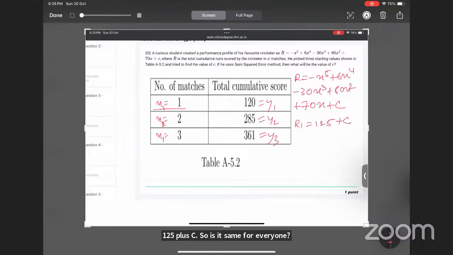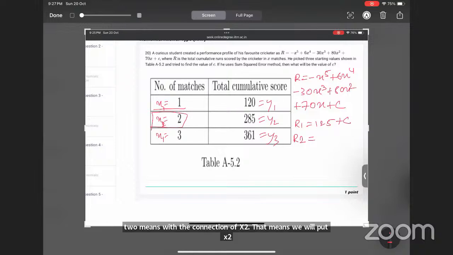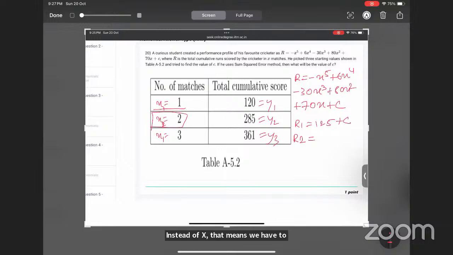What is R2? R2 means with the connection of x2. That means we will put x2 instead of x. That means we have to put 2 instead of x, then we have to calculate the value. So what is R2?